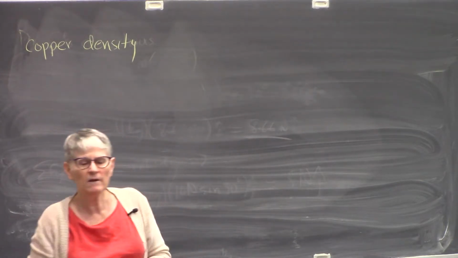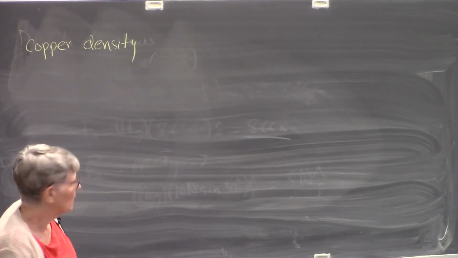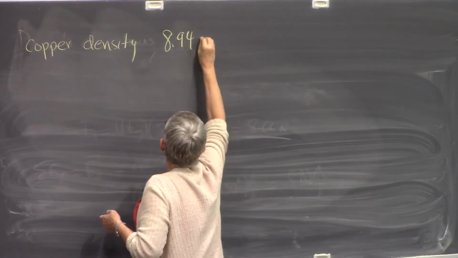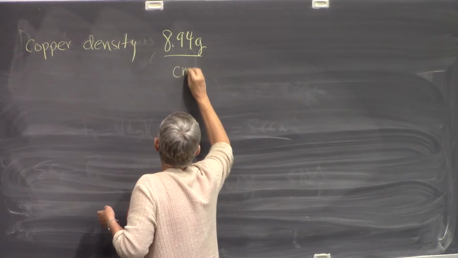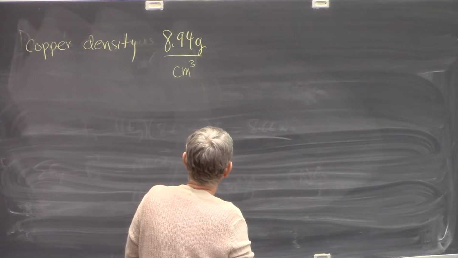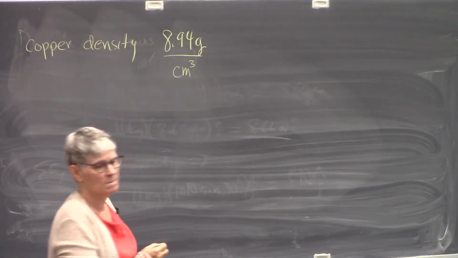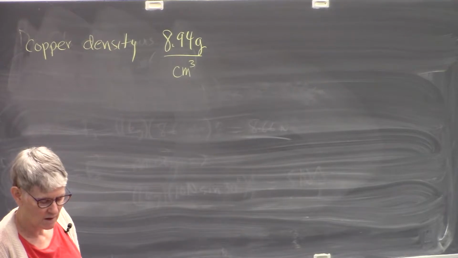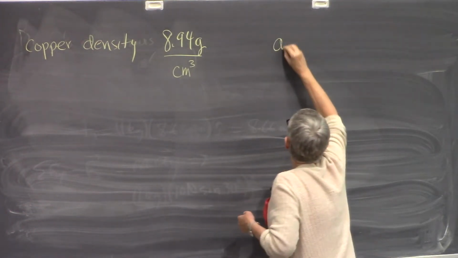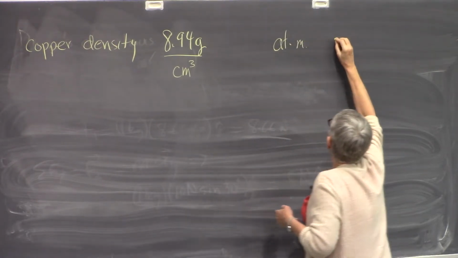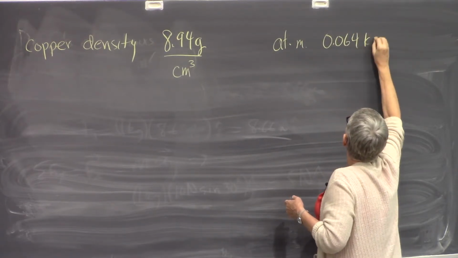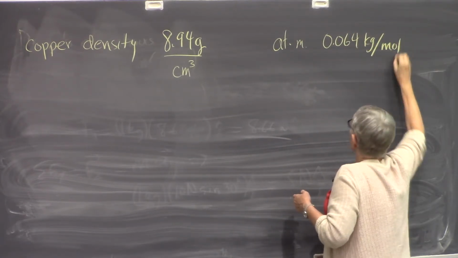If you look it up, a number that's 8.94 grams per cubic centimeter. And the atomic mass of copper is 0.064 kilograms per mole.